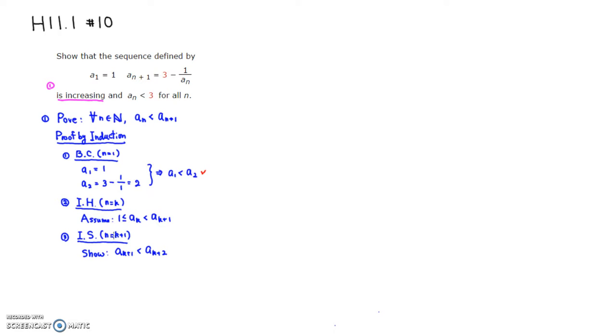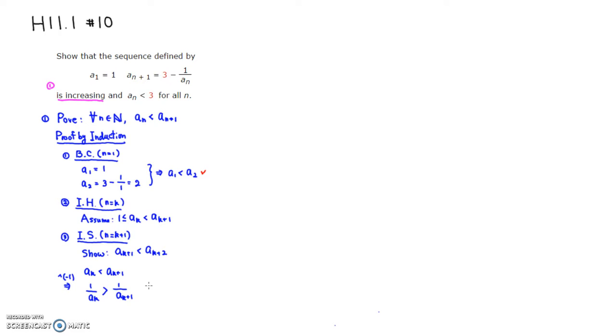By the induction hypothesis, a_k is less than a_(k+1). The next step is to take the reciprocal of both sides, so you have 1 over a_k and 1 over a_(k+1). These are positive numbers, and if you take the reciprocal, the order changes, so you have to flip the direction of the inequality.